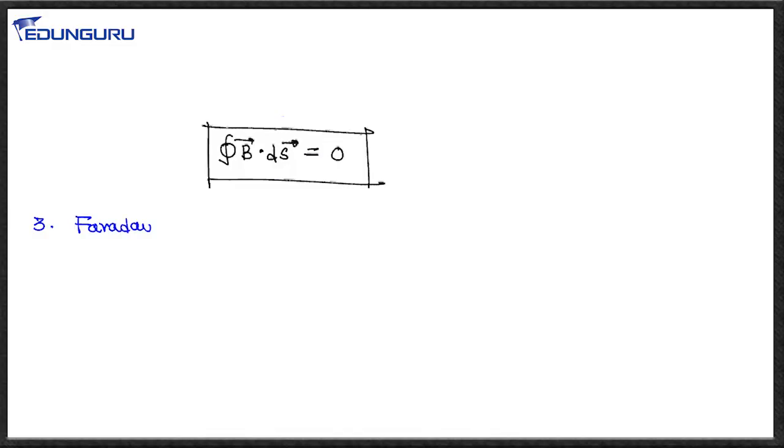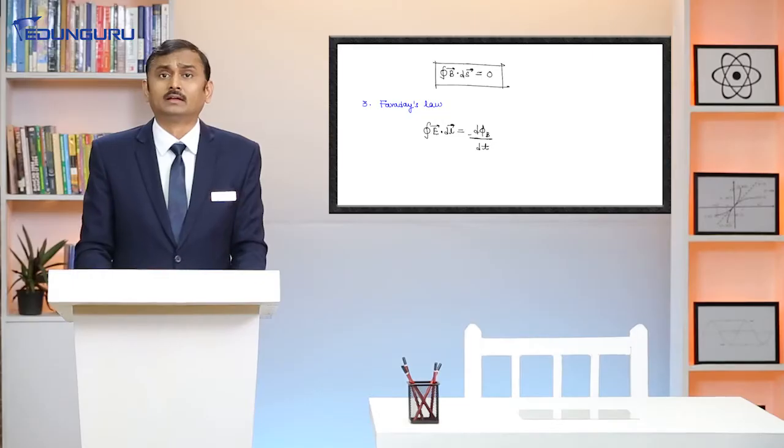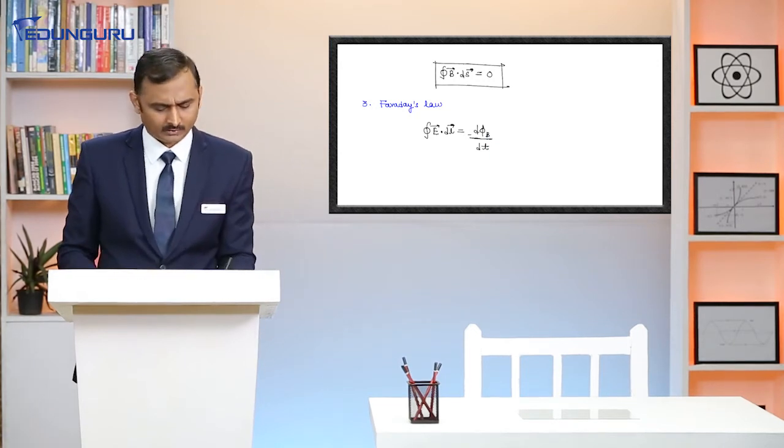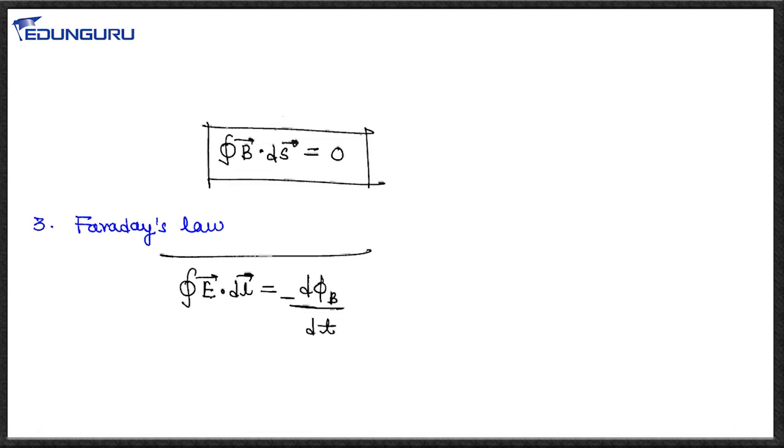The third is Faraday's law, given as the line integral of E dot dl is equal to minus d phi B upon dt, that is, the negative of the rate of change of flux is equal to the EMF induced across the loop. The fourth equation is Ampere's law.